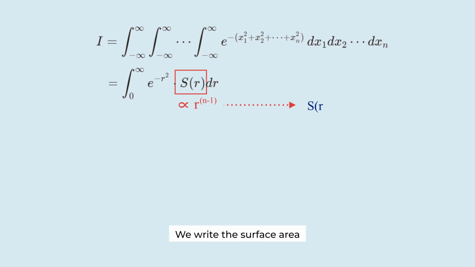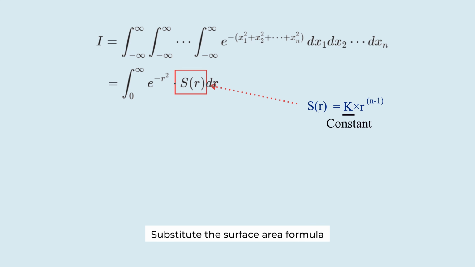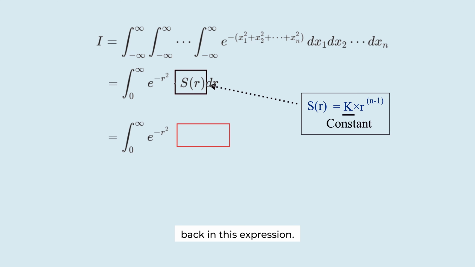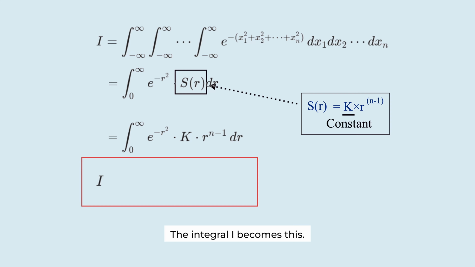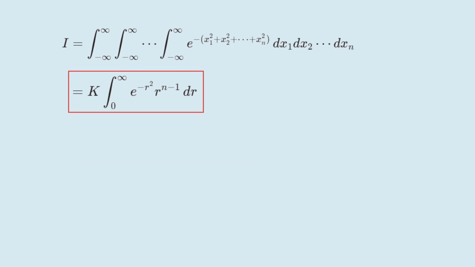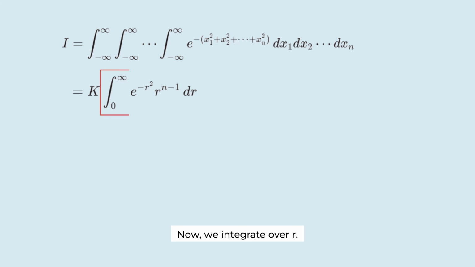We write the surface area as k times r to the power of n-1. K is the surface area constant. Substitute the surface area formula back in this expression. The integral I becomes this. Now, we integrate over r.